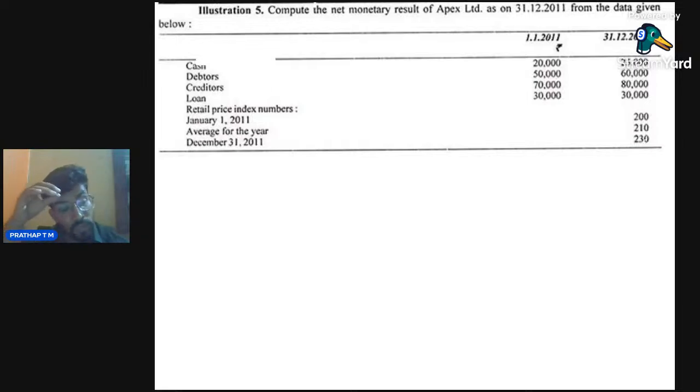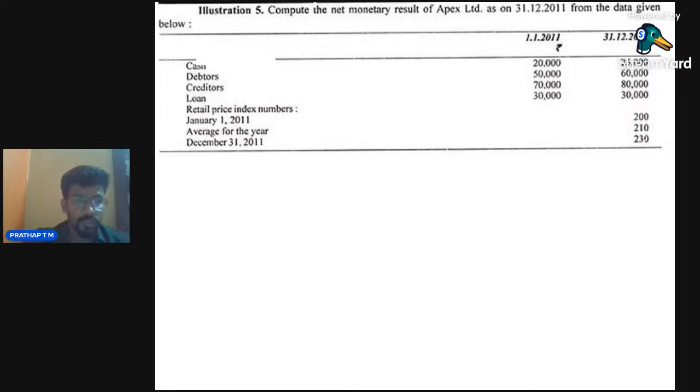In the same way, if you are holding creditors, take an example: if you took credit from your suppliers, 1 lakh rupees at the beginning of the year, and you pay that 1 lakh after 8 months, then you can utilize that 1 lakh rupees for 8 months. After that you can pay it off. So there you get more value from it.